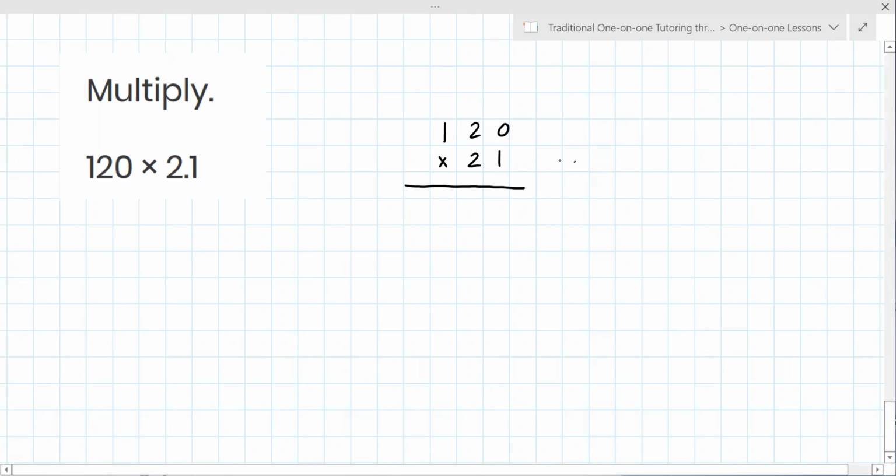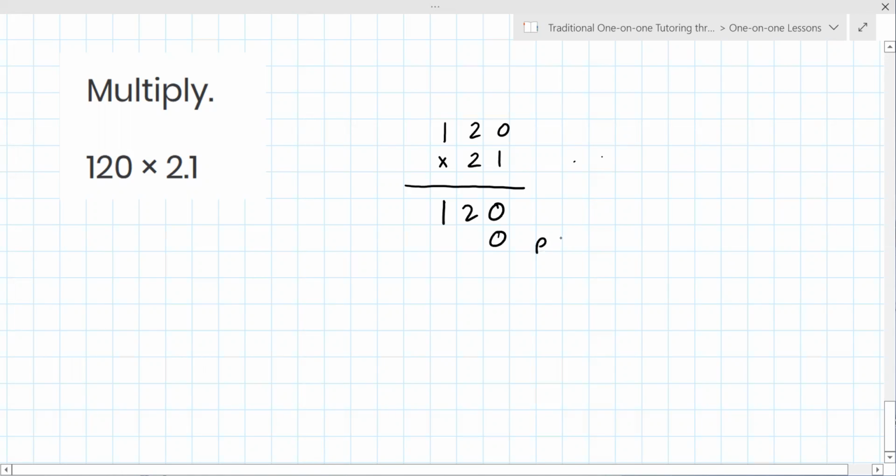So you start with this 1 on the lower right and you multiply it by the 0 above it. And that's 0. Then you take this 1 and multiply it by the 2. 2. Then you take the 1 and you multiply it by this 1. 1 times 1 is 1. Okay, and then this is the new part.